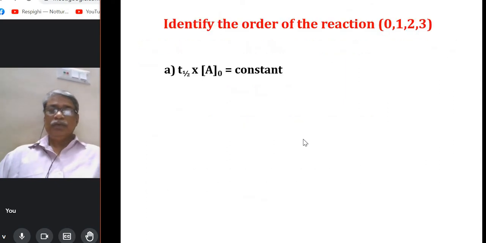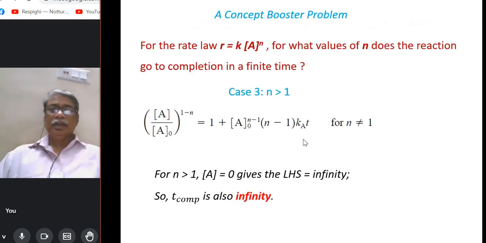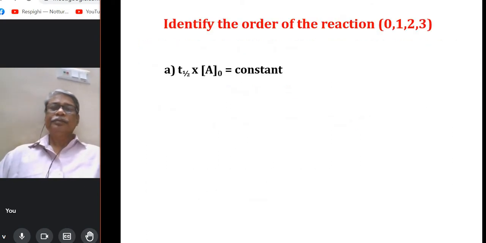So what we see finally, the answer is that for n greater than or equal to 1, it takes infinite time, and for n less than 1, it completes in a finite time. Okay.